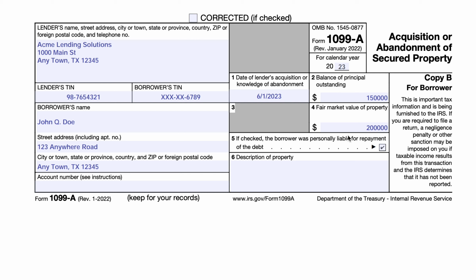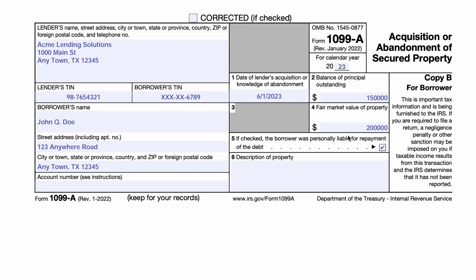So if the fair market value of the property that is listed on Form 1099-A is less than the outstanding balance and that balance goes away, there may be tax implications and they may need to report that on their tax return. So we'll cover that in a little more detail later in this video. We do cover it extensively in our article, so we'll put links to our article in the show notes.